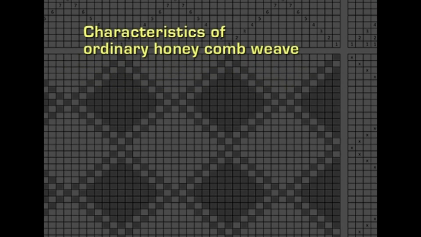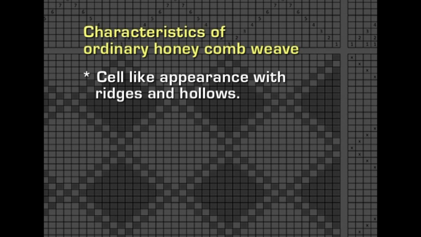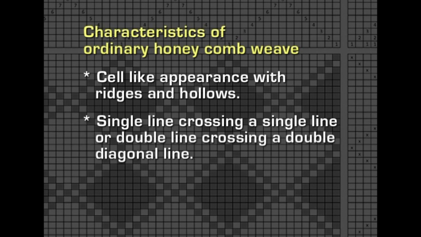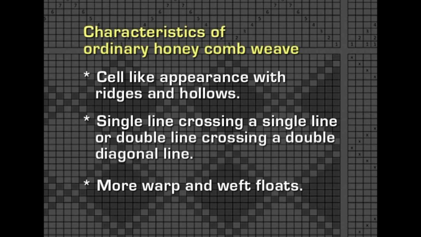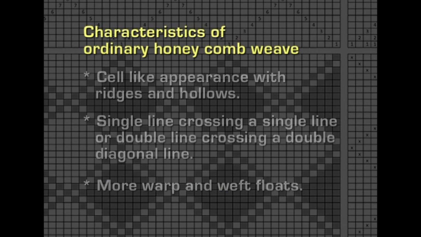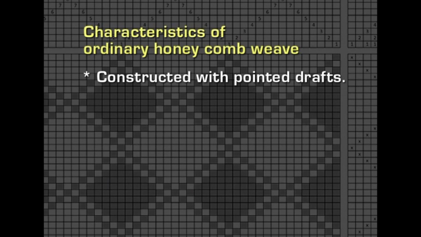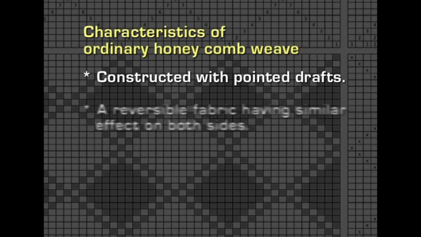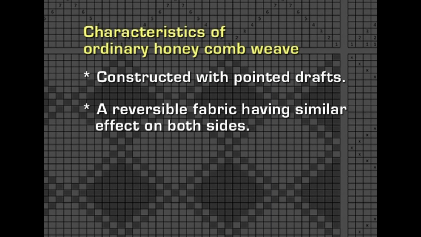The characteristics of the ordinary honeycomb are that it has a cell-like appearance with ridges and hollows. It has a single line crossing a single line, or a double line crossing double diagonal lines, as in the case of a twill weave. So it will be the same, whether single or double. More warp and weft floats are present, and it can be constructed with a pointed draft. A reversible fabric having a similar effect on both sides is produced by ordinary honeycomb.